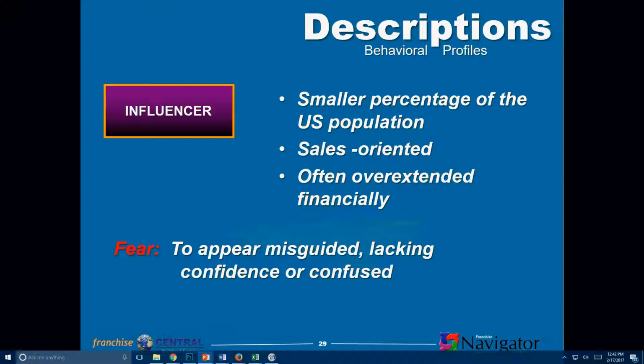So the influencer is a smaller percentage of the population, very sales-oriented. Now, one thing about the influencer is that they're often overextended financially, meaning they're the kinds of people with that proverbial carrot hanging over them all the time. They go out, they make money, and they spend it.